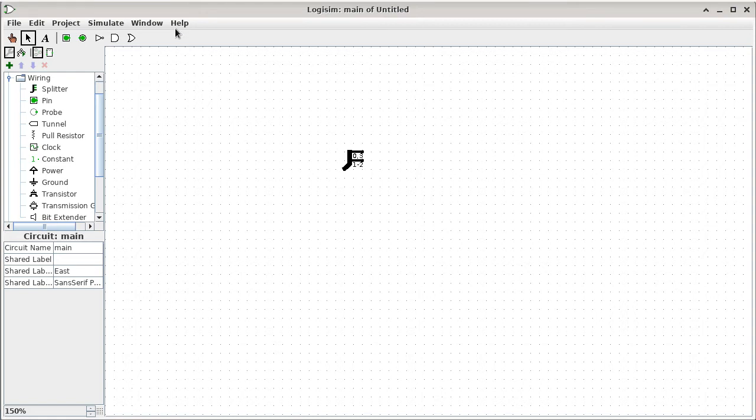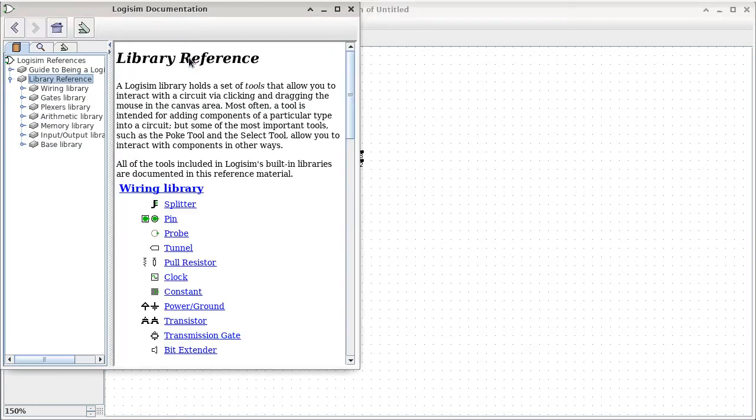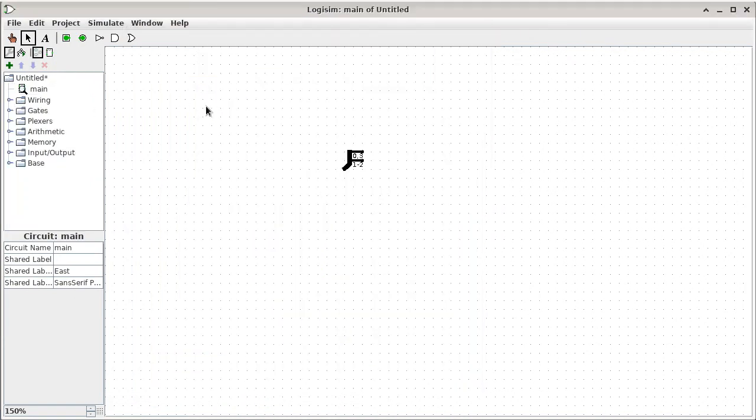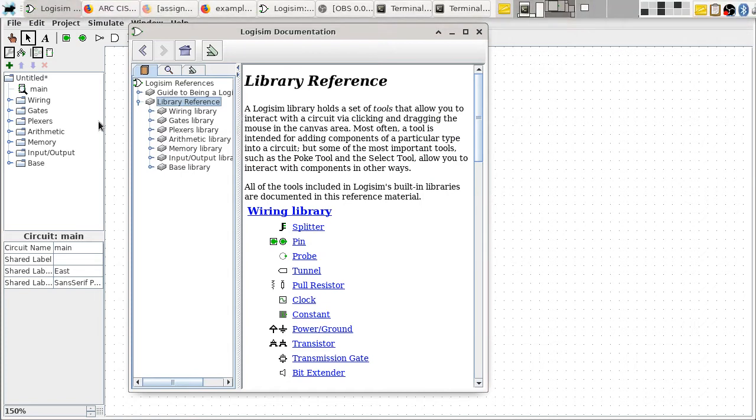Let me show you what we can also do with the library reference. The library reference is organized kind of like how components are organized. Let me just pack this first and then go back here. See how in the library reference, they also have wiring, gates, plexers, and so on, and they're in the same order.